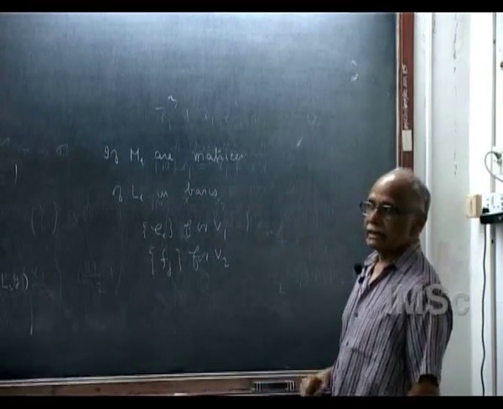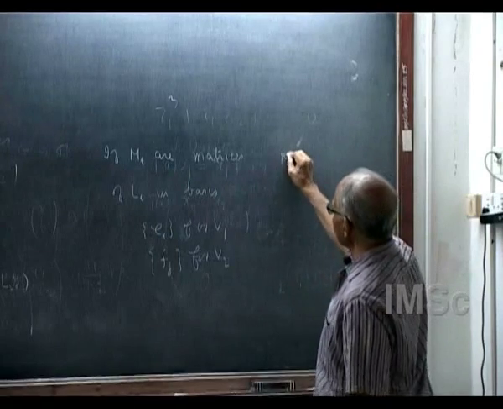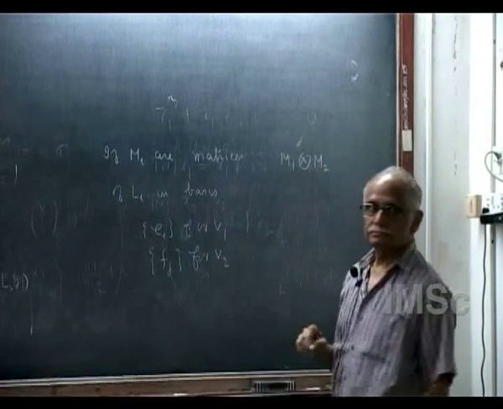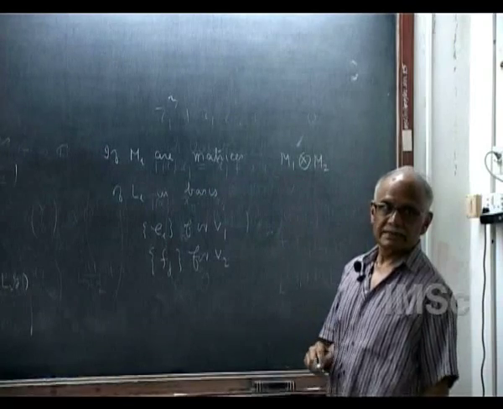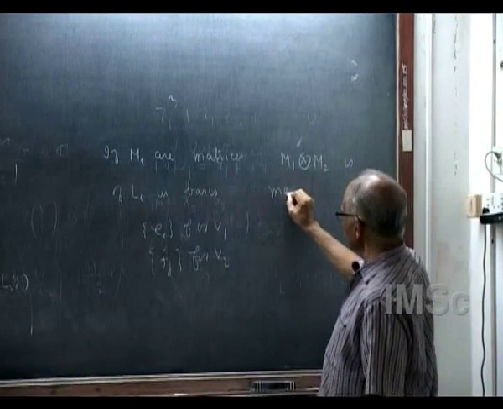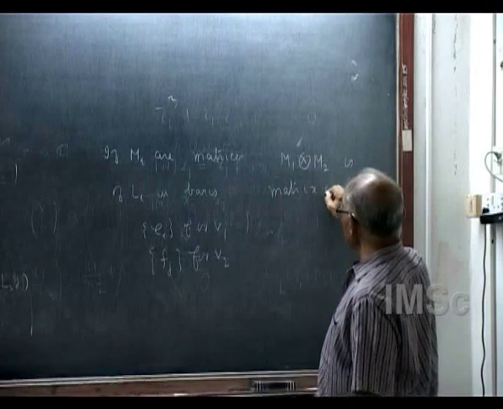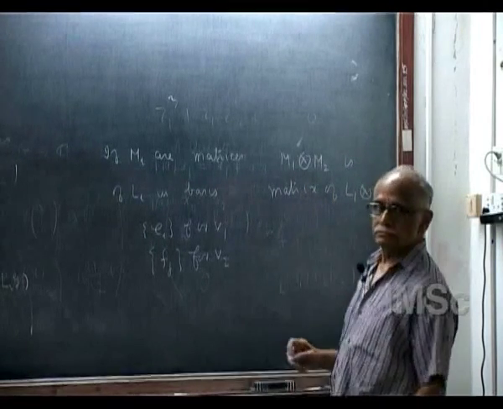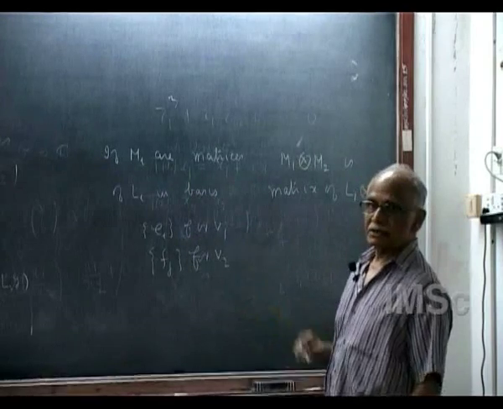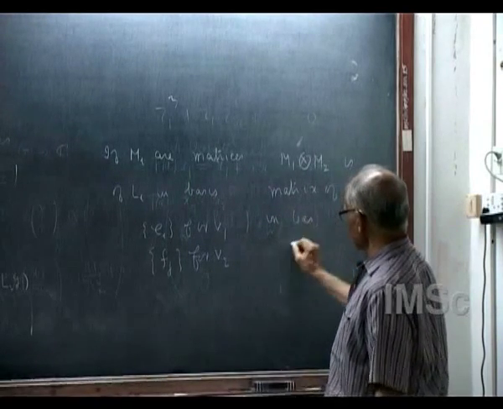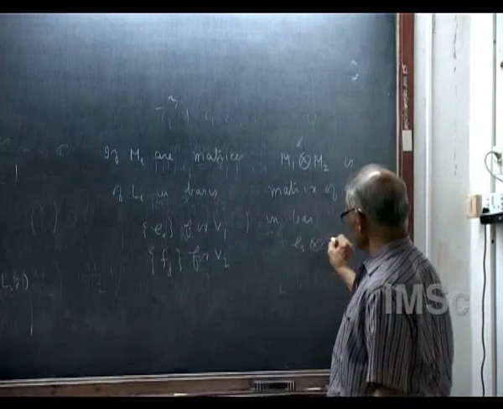Then M1 tensor M2, the Kronecker product of the matrices, is the matrix of L1 tensor L2 in the tensor product basis Ei tensor Fj.